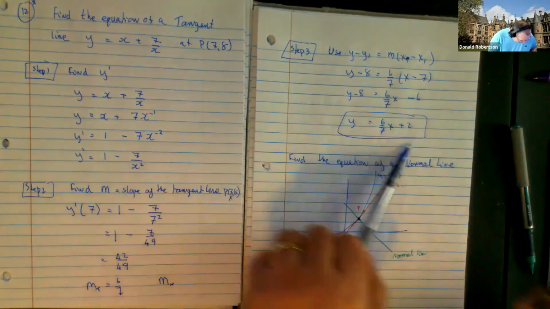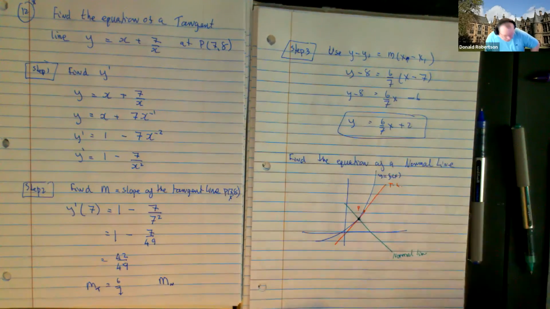There is a formula for finding the slope of a line that's perpendicular to another. Does anyone know how to find the slope of a line that's perpendicular to some other line? So perpendicular to 6/7 here.